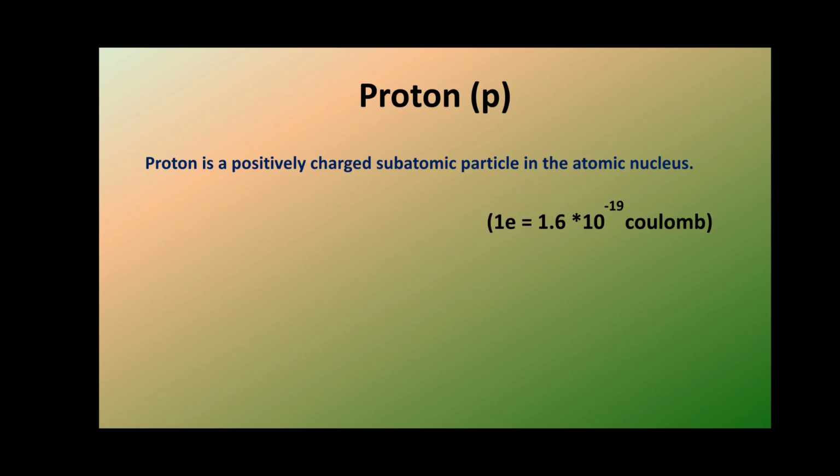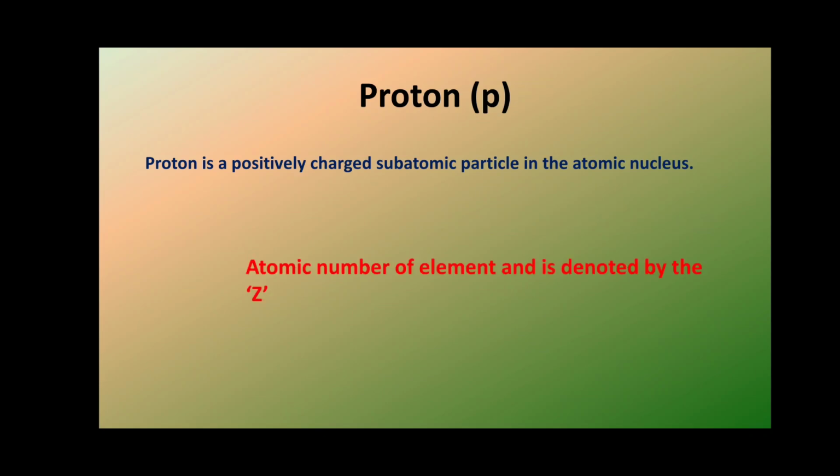The total positive charge on the nucleus is expressed in the unit e, and its magnitude is the number of protons present in the nucleus. The number of protons in the nucleus of an atom is the atomic number of that element, and we denote it with the symbol Z.